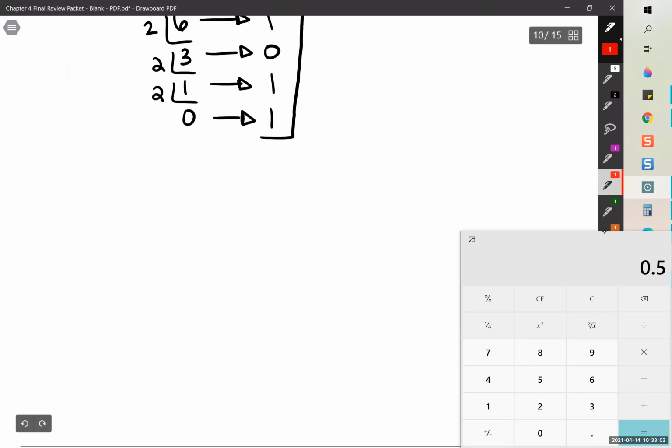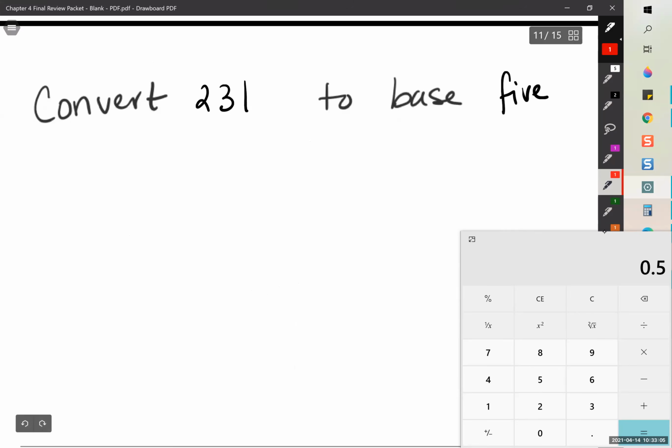Okay, so let's move to our last example. If y'all would take a moment to complete this, read it, think about what strategy you would need.